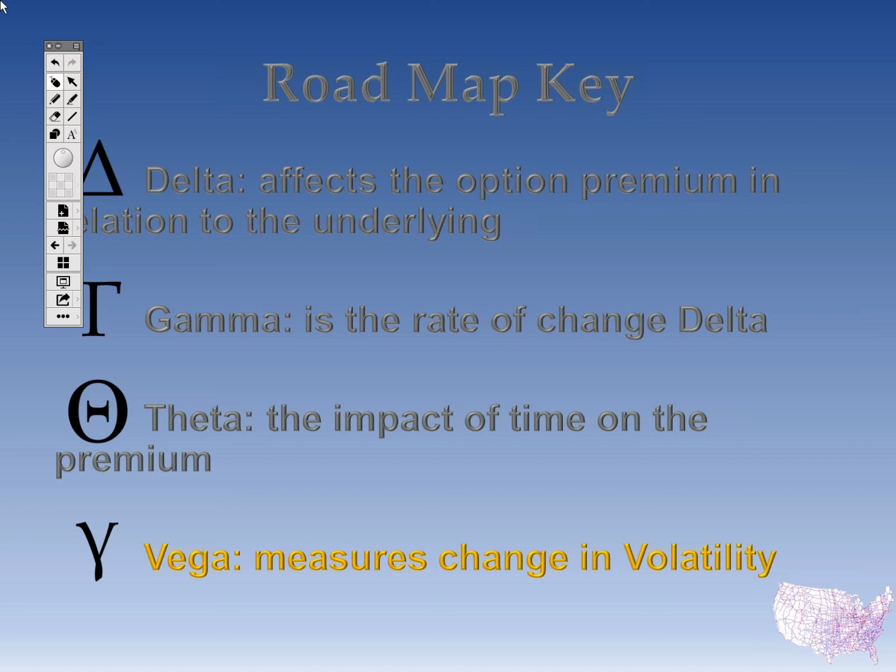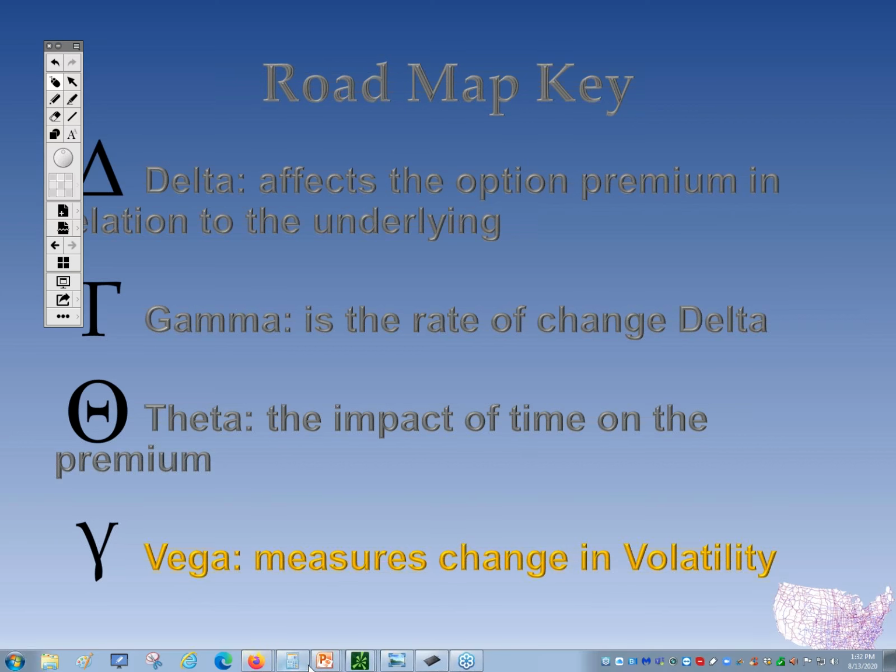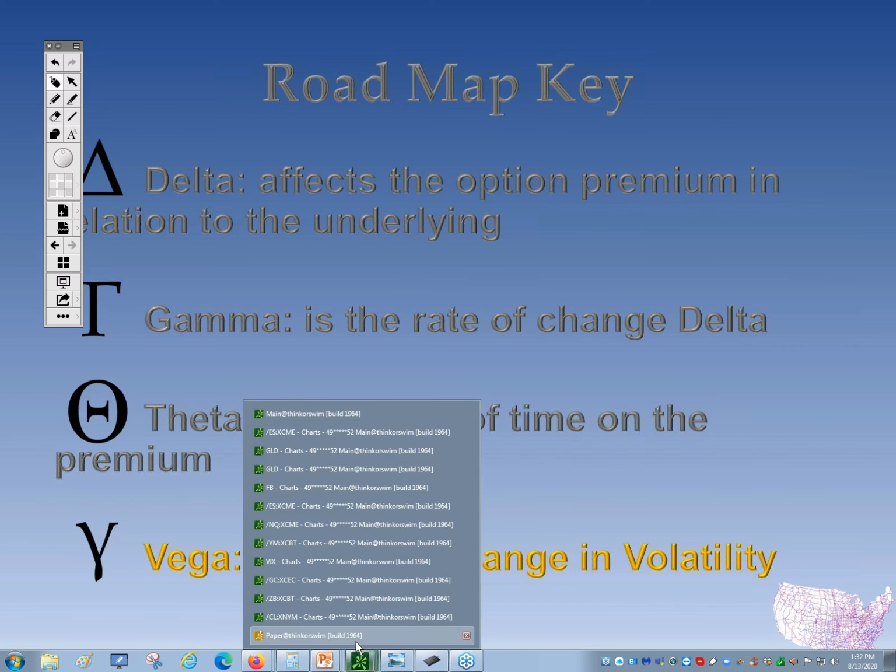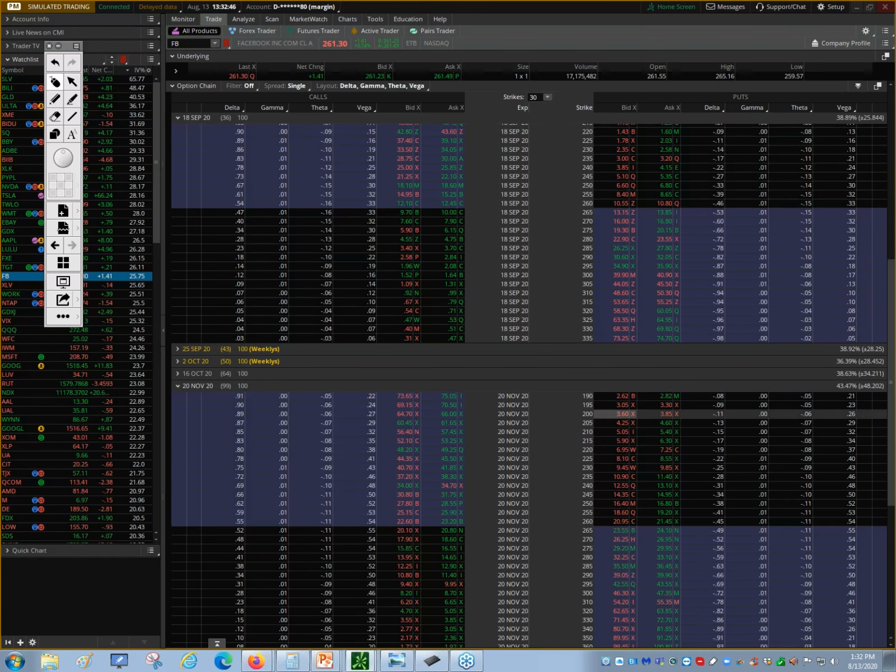Vega. Vega is the only one that's really not quote unquote a Greek. And I have a Greek symbol down there, but I stole it from another Greek because it looks like a V. So Vega measures the change in volatility. So Vega goes up and down, but again, the assumption here is that volatility is going to increase, okay?